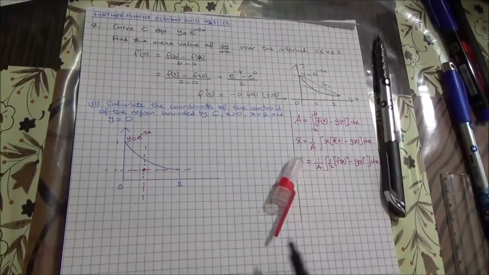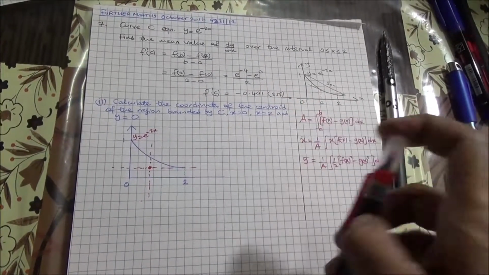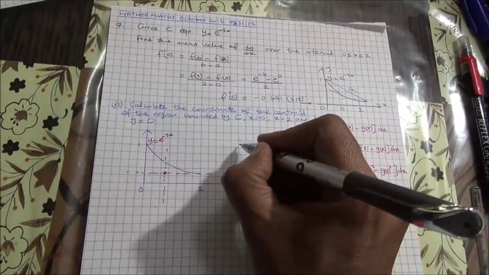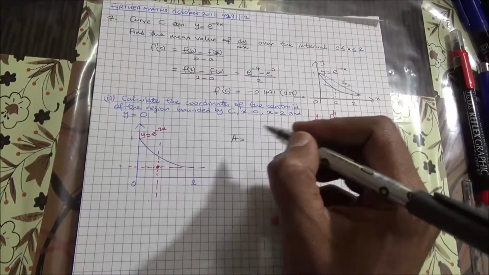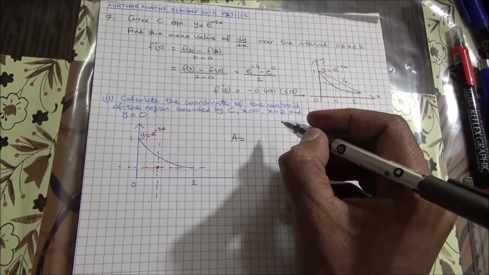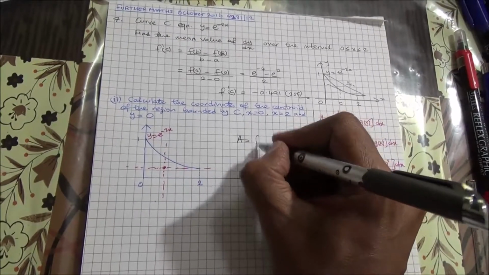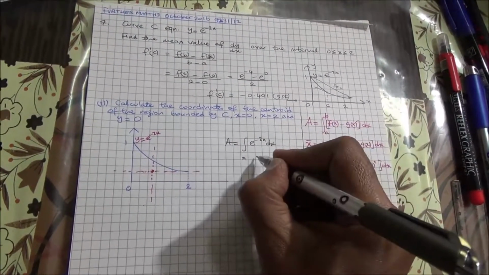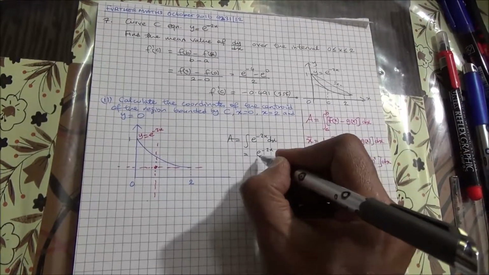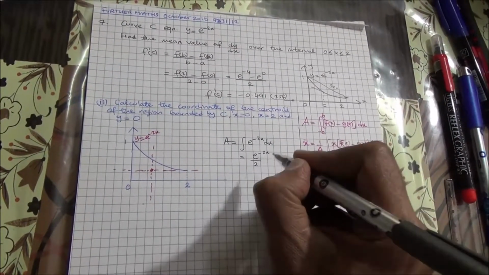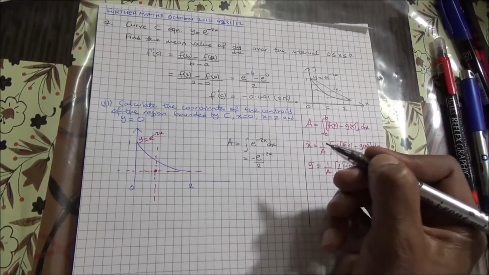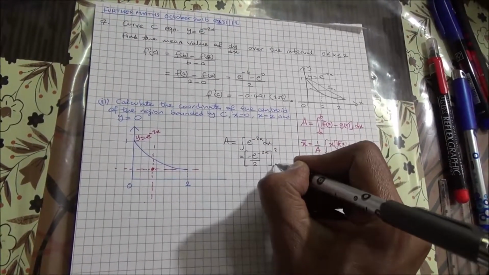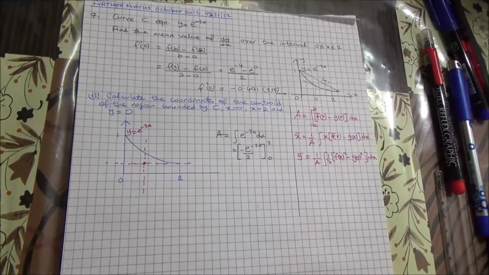Okay, so let's proceed. Now we're going to have to calculate the area first. So what is A basically? Now A can be calculated if we integrate e to the minus 2x dx, and that's going to give us e to the minus 2x over minus 2, and you substitute the limits from 0 to 2.